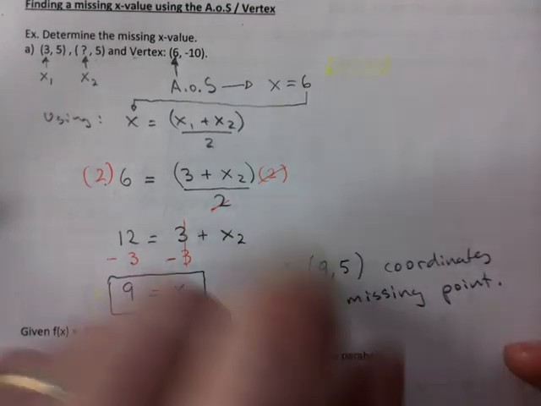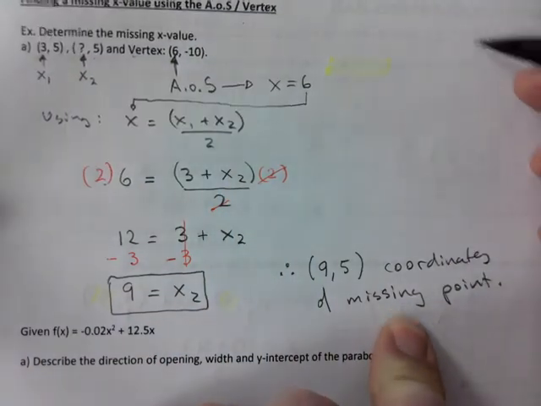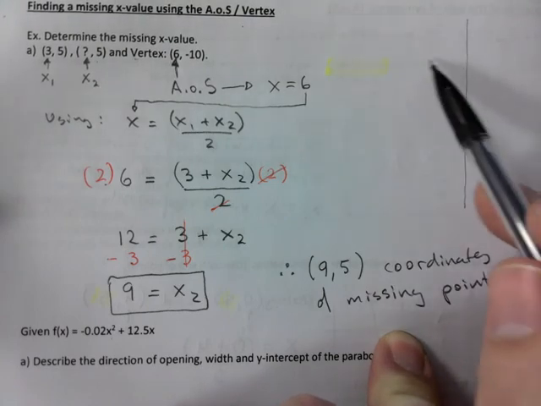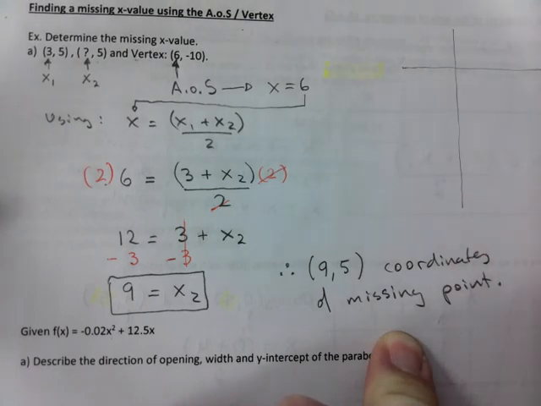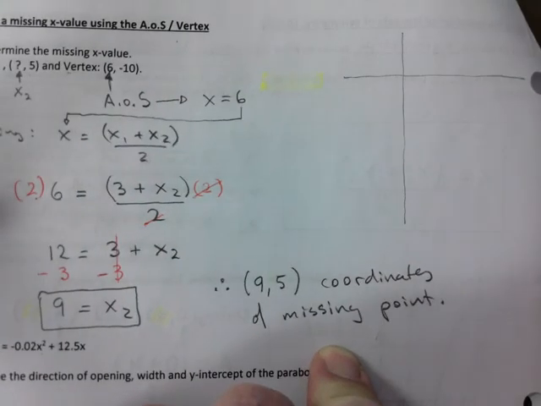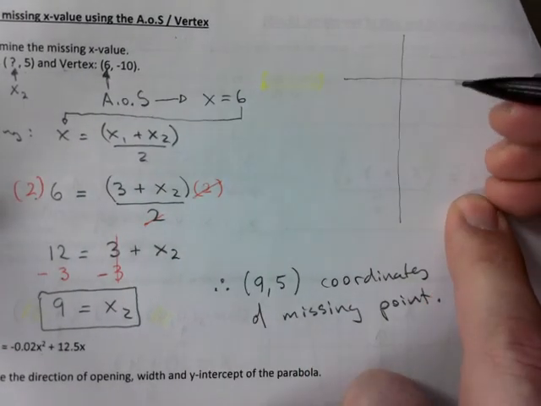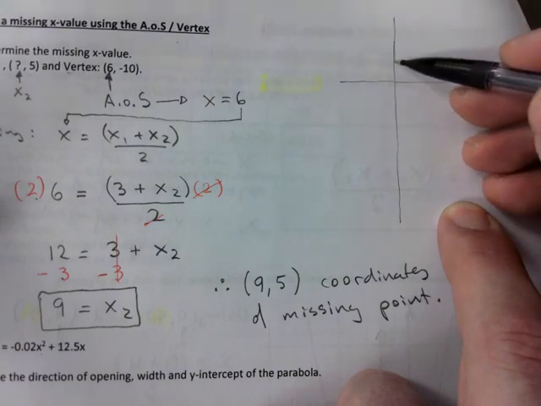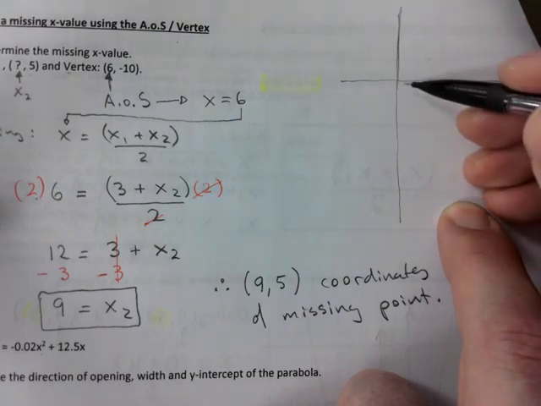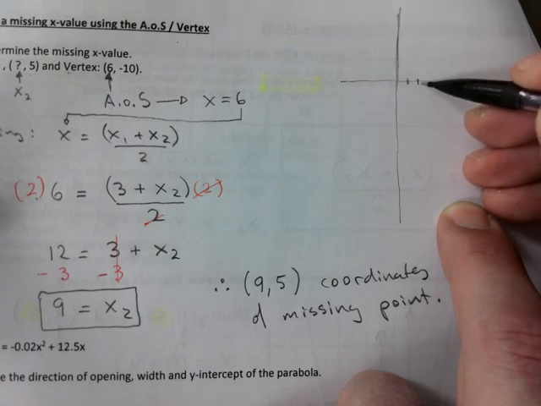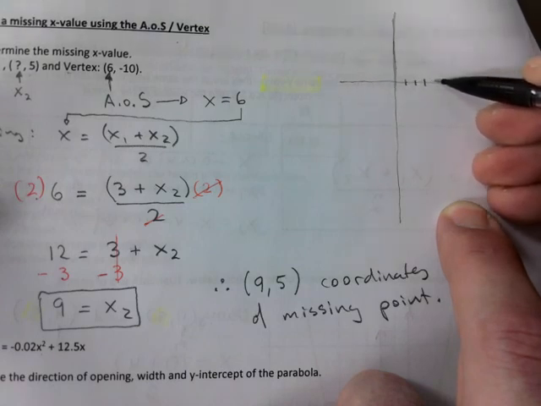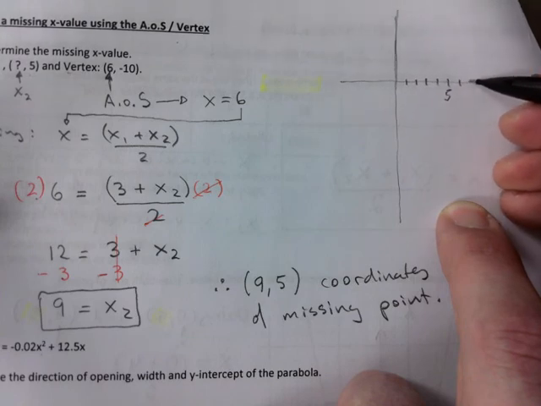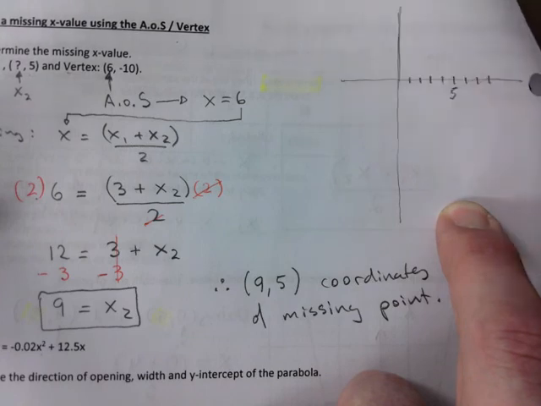I'm just looking at my y values. You need to have it a little bit offset like this, if you can. And 3, 5. Let's go 1, 2, 3, 4, 5, 6, 7, and it keeps going, right?